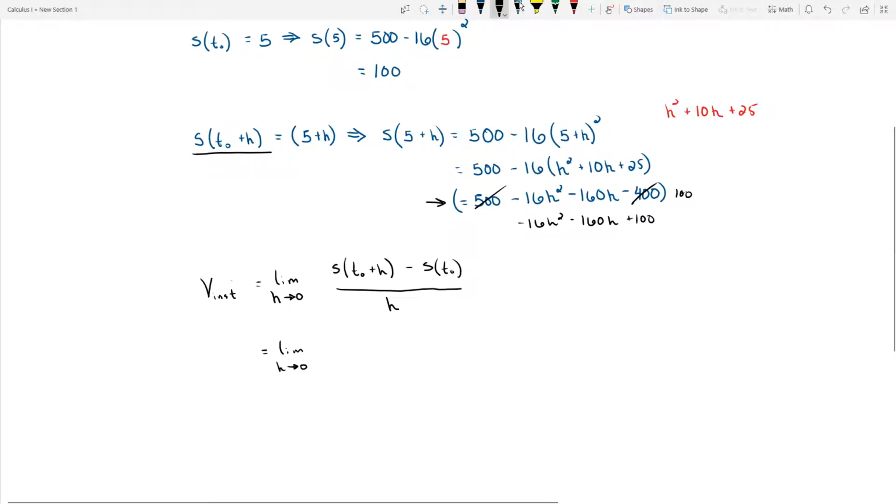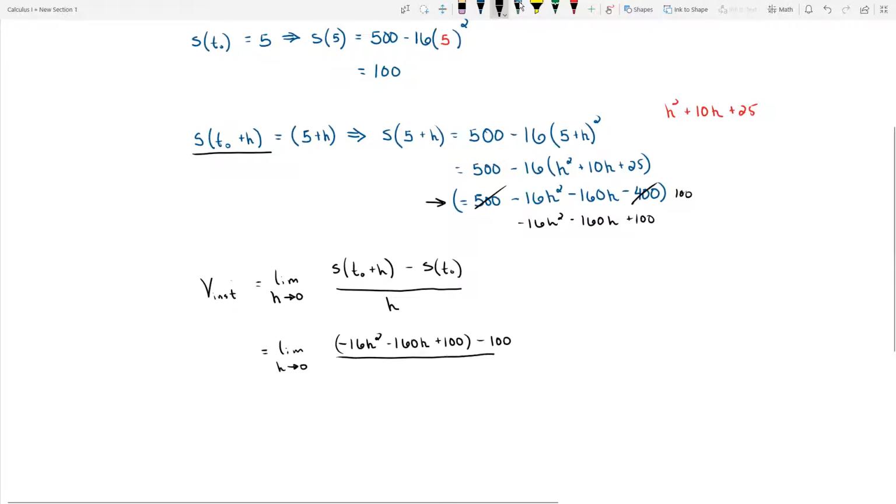All right, so we can go ahead and bring that down. So we'll end up with negative 16h squared minus 160h plus 100 minus what we found out for t sub 0. S of t sub 0 is 100.